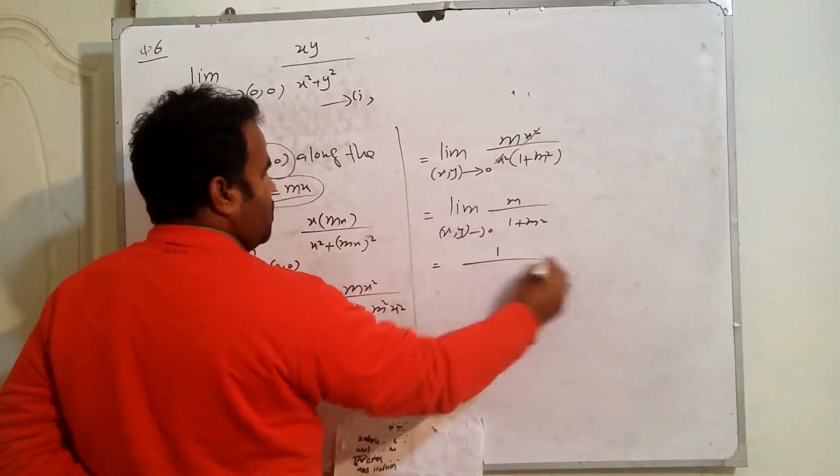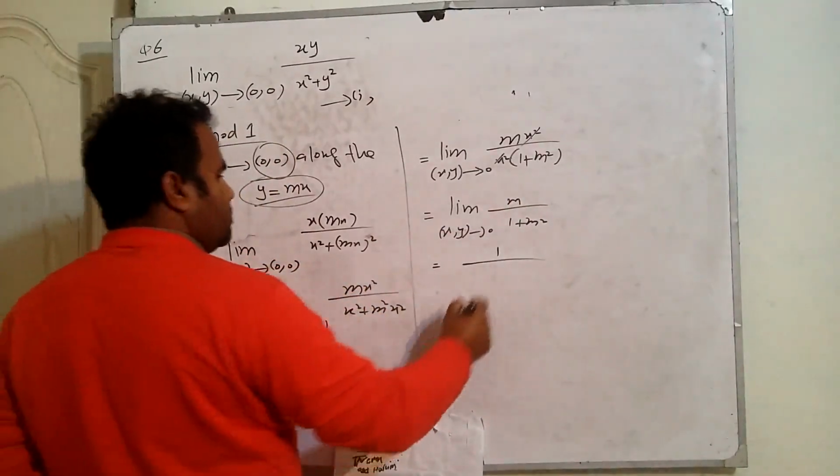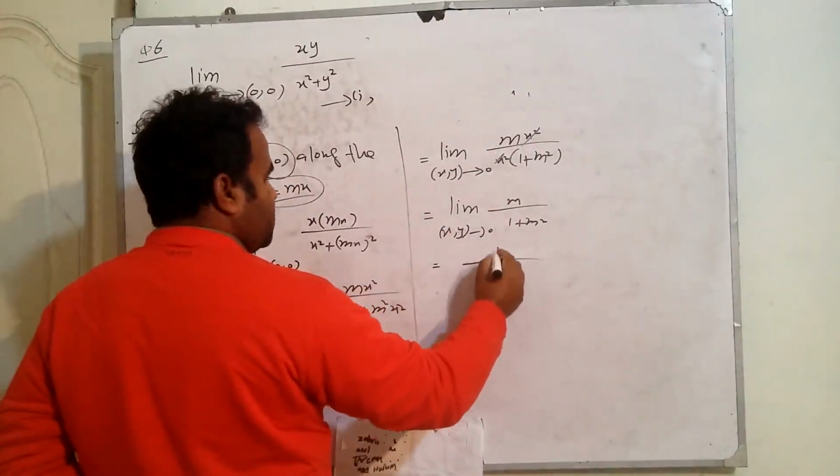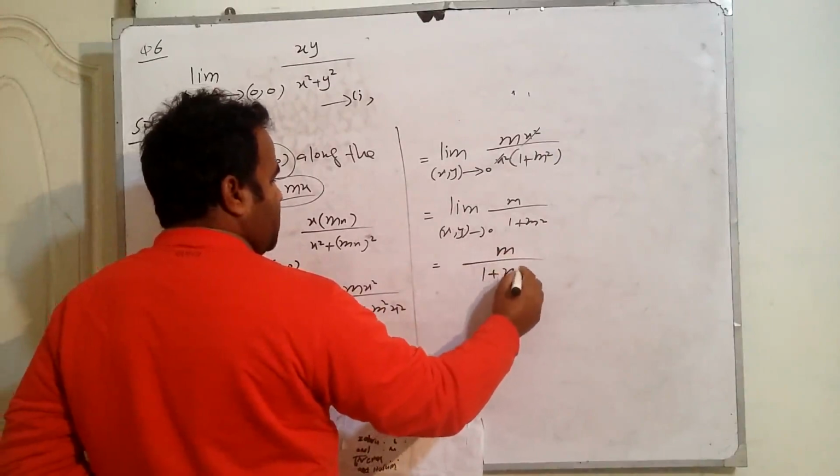Since there is no x and y, when we apply the limit, it will be m over 1 plus m square.